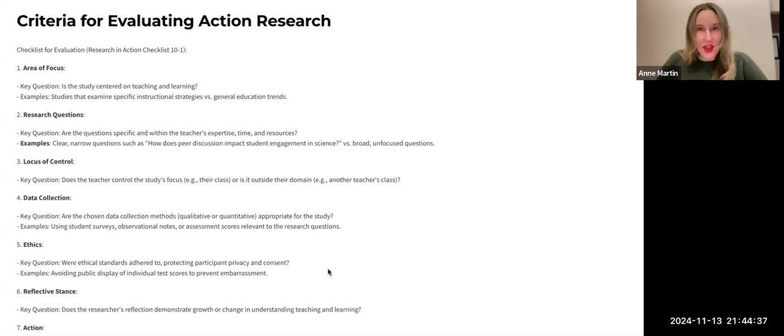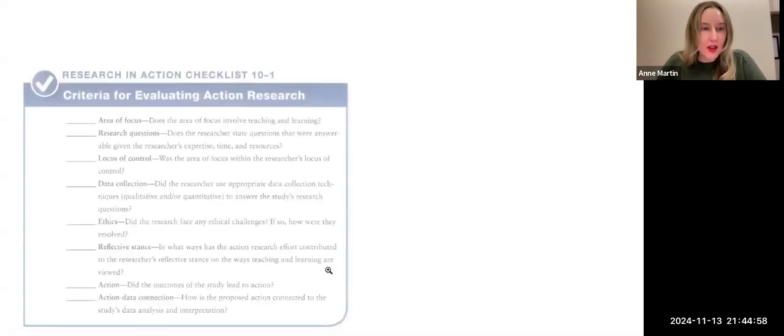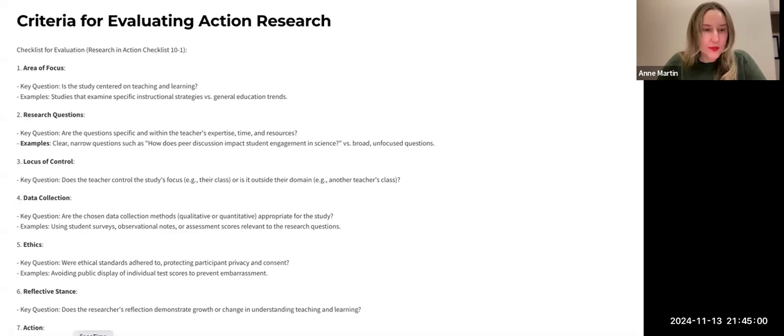So this is a cause and effect cycle. Of course, the action research is a cycle, but the data analysis and interpretation to action is also a cycle. So make sure that that is quite visible in there. You're talking about what you learned and what you changed because of the research.